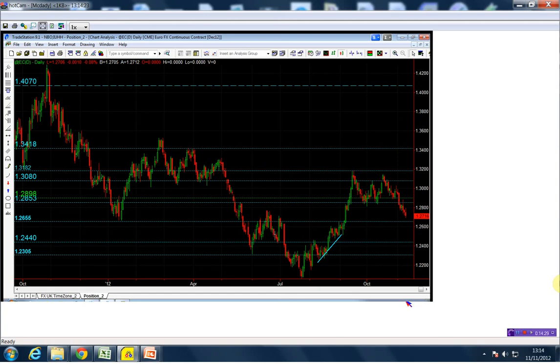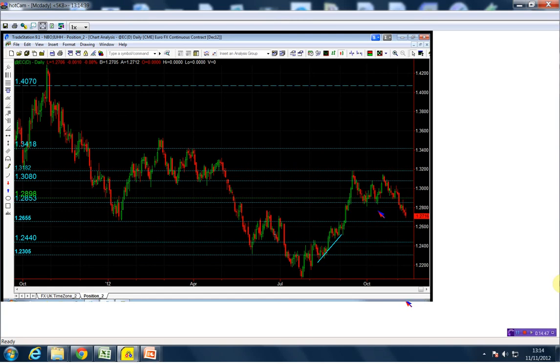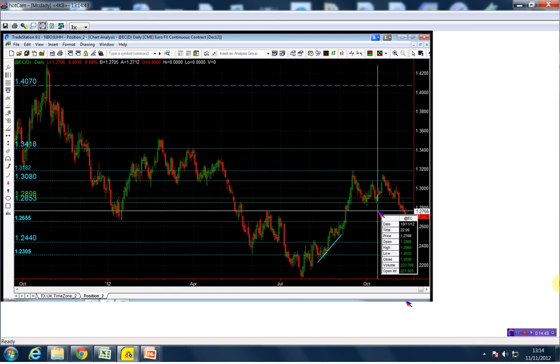We created a double structure point at the 125.80, 128.53. Now we put in a fail to make a higher high, which is the 131.47. And this becomes now our structural point, which is the 128.33.